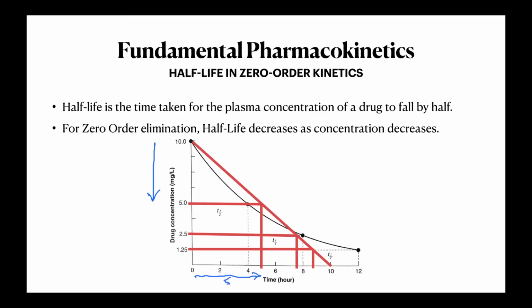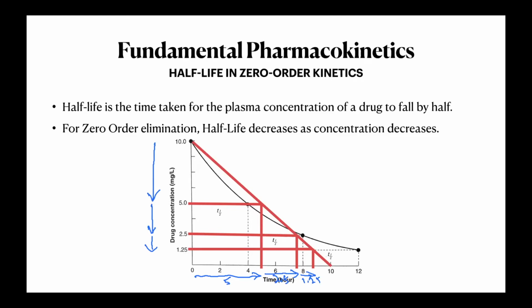Now, in the next segment, as concentration goes from 5 to 2.5, you can see that the half-life here decreases from 5 to 2.5, okay? And then as it halves again from 2.5, you can see that the half-life again shortens to 1.25. And the reason for that is that the elimination rate is a fixed amount.